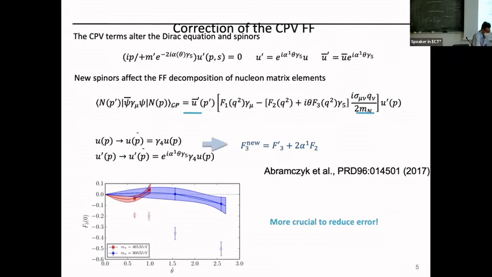So one thing that sets the new calculation for the neutron electric dipole moment apart is this work by Brisky and so on.